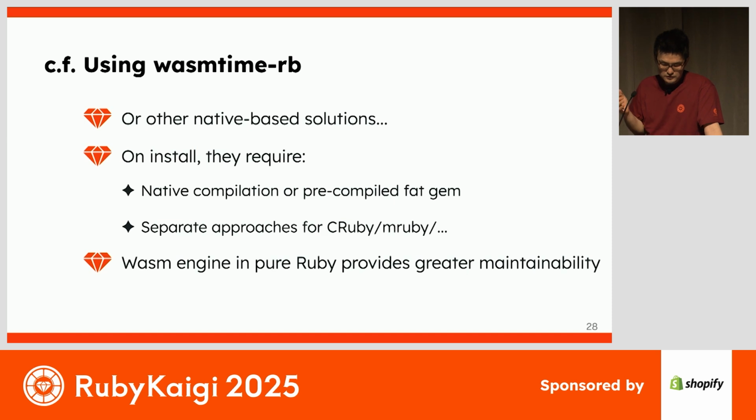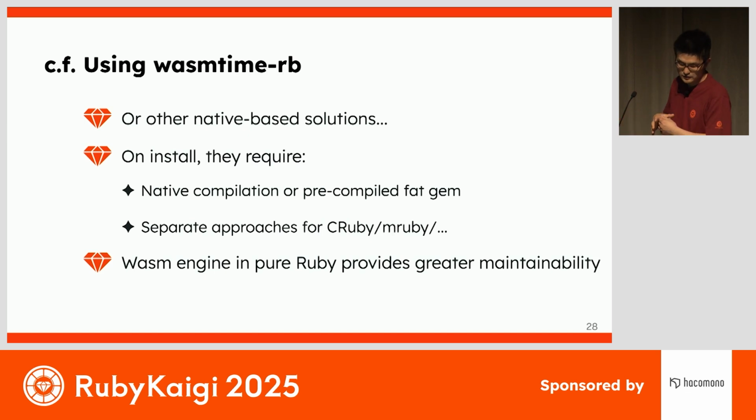For comparison, consider other solutions such as wasmtime-rb. During installation, these gems require either building native libraries or using pre-compiled artifacts called fat gems. These requirements can potentially increase operational overhead depending on the environment.